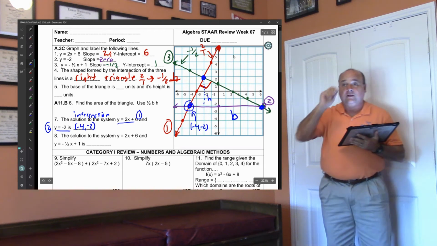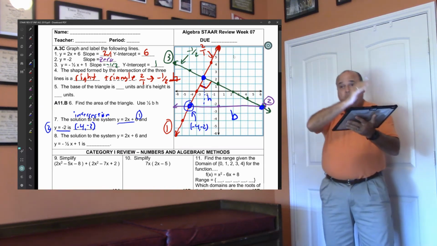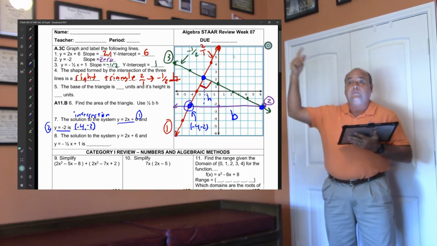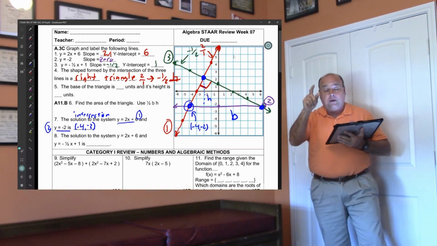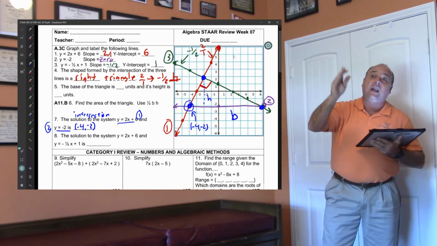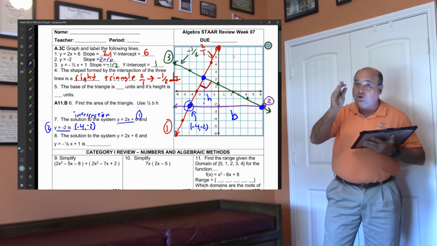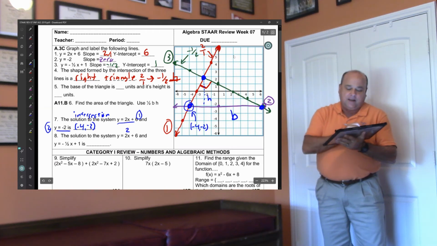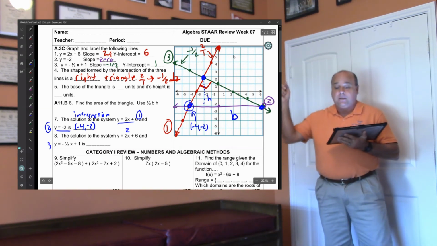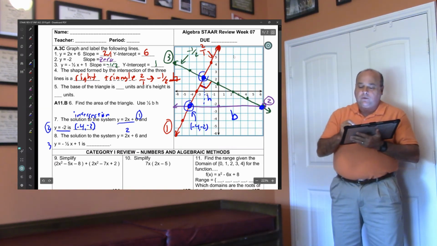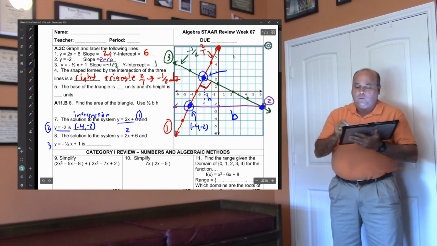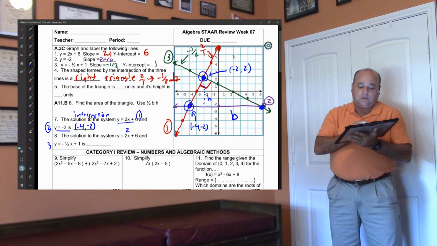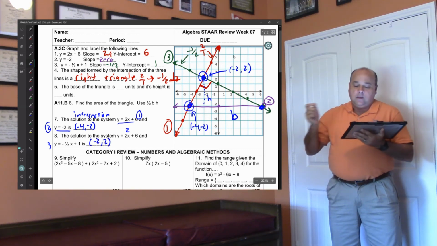We're going to be talking about this before Christmas. So if two lines cross, it's called a system of equations. The intersection point will be the solution. You're going to be graphing a lot of lines. So make sure you can graph these lines. The next one is going to be line 2 and line 3, or my red line and my green line. They cross right here, and that ordered pair would be -2, 2, which is that system of equations.